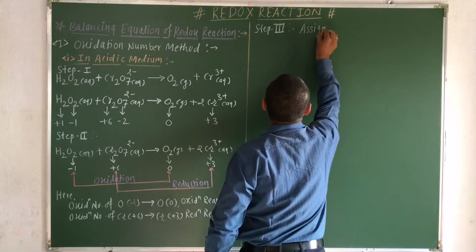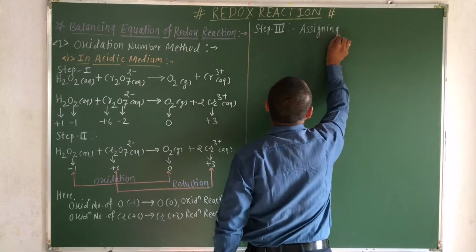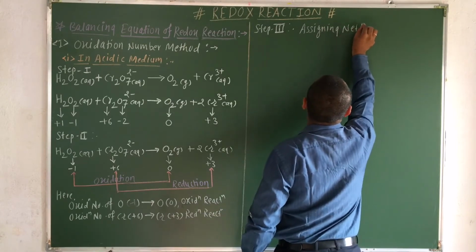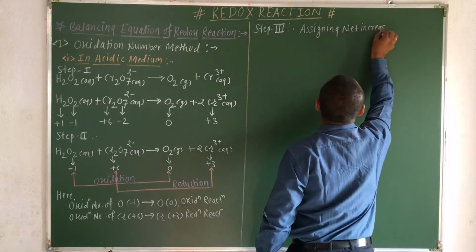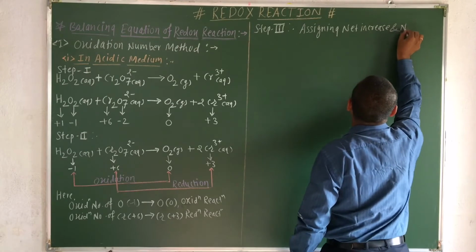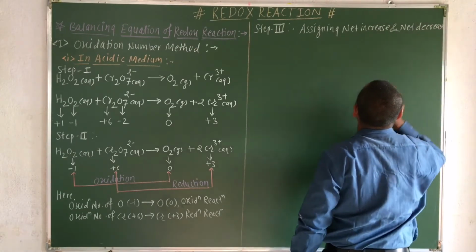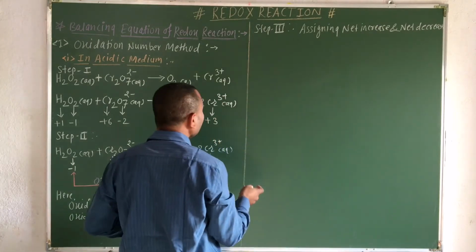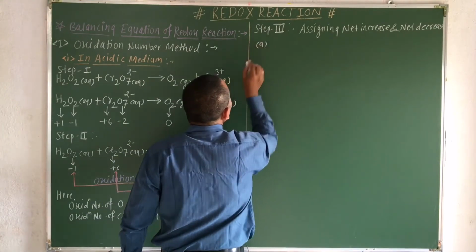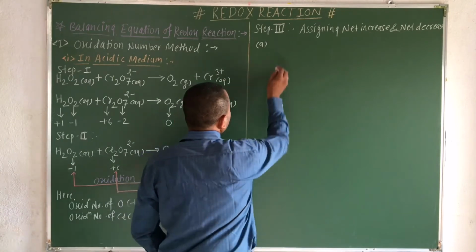Assigning net increase and net decrease. Okay, net decrease, how can we assign? Let us consider first of all increase in oxidation number.